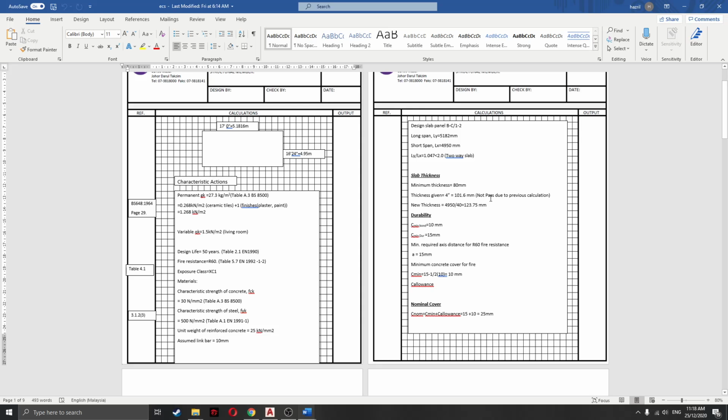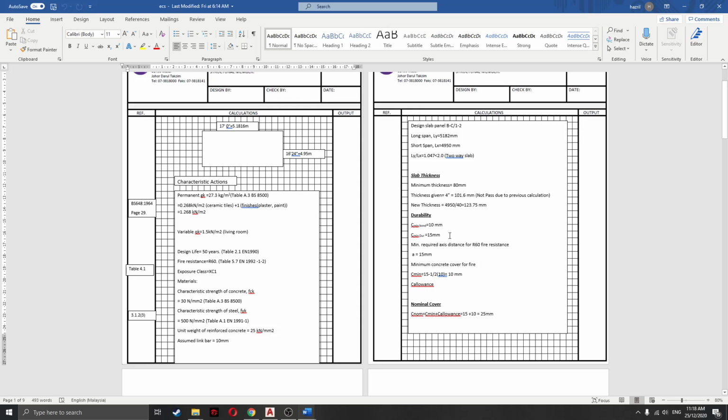It doesn't pass due to previous calculation I've calculated. So I use new thickness for 950 over 40. I get 123.75 mm.